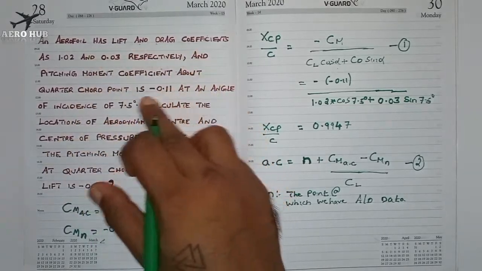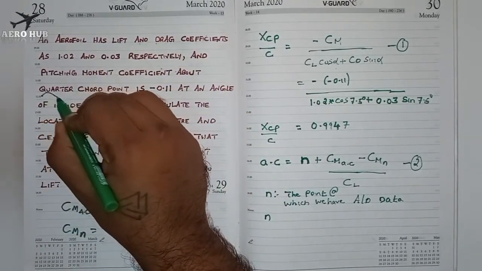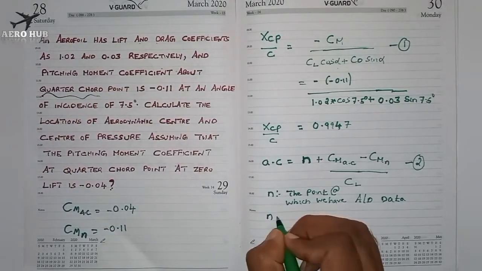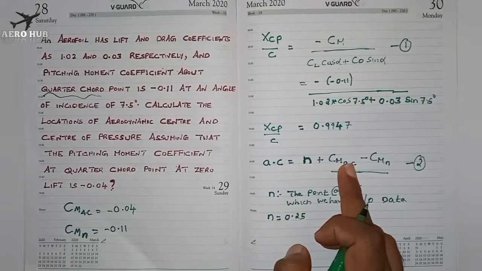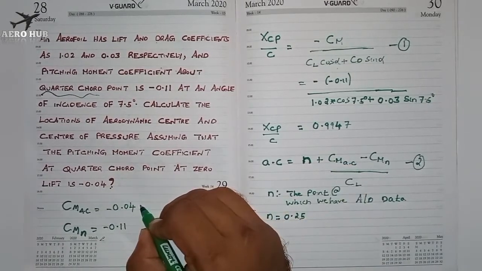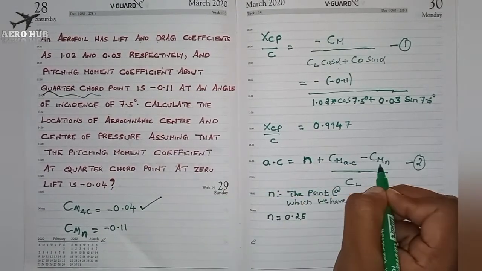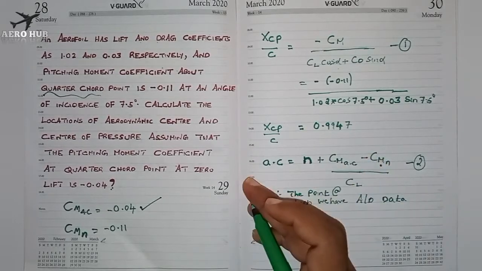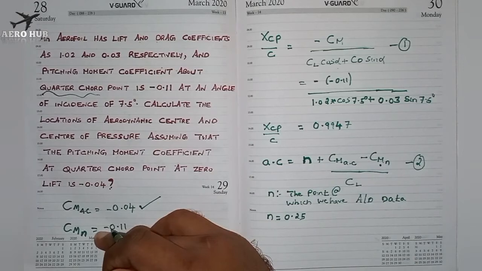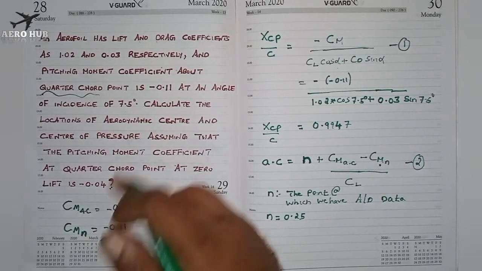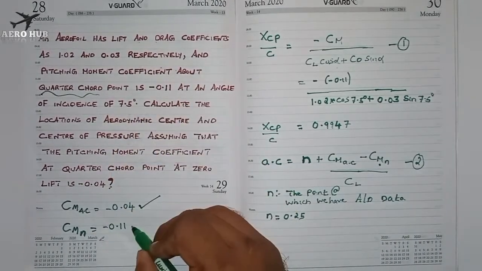Okay, so in this case the airfoil has data about the quarter chord point. So N will be 0.25, and CMAC we have as minus 0.04, and CMN is nothing but the pitching moment coefficient at an angle of 7.5 degrees.